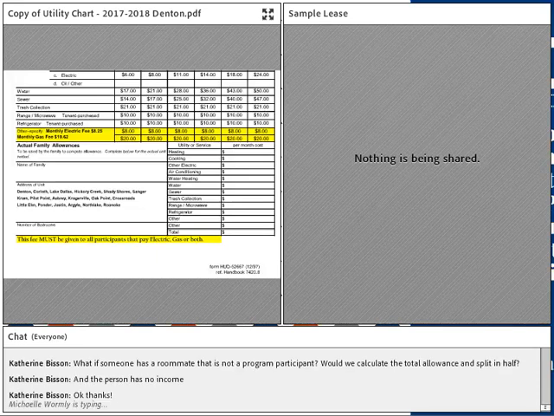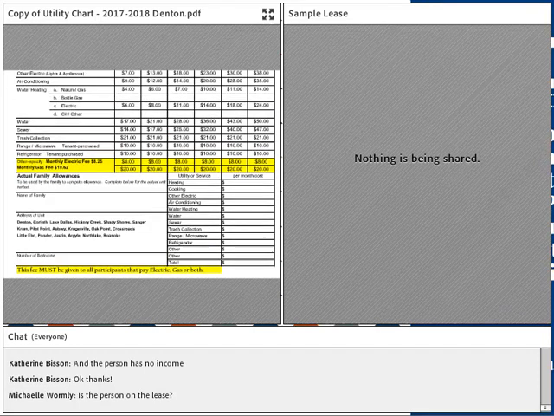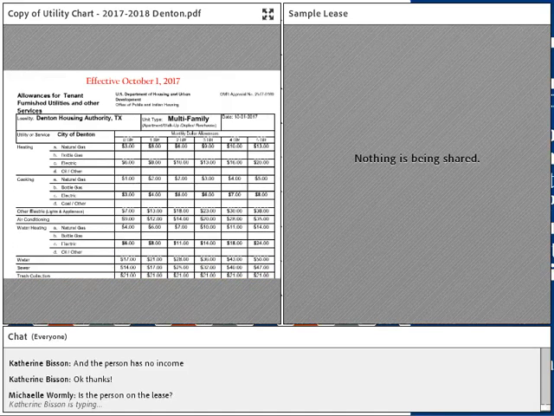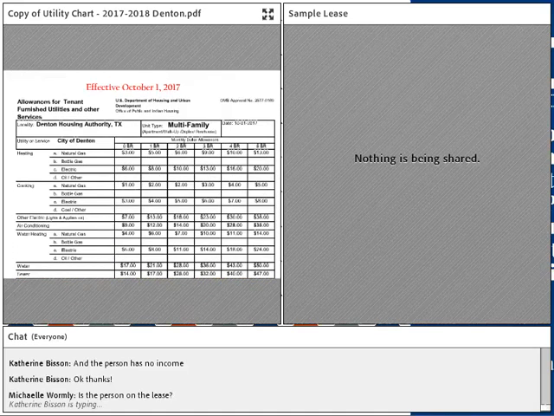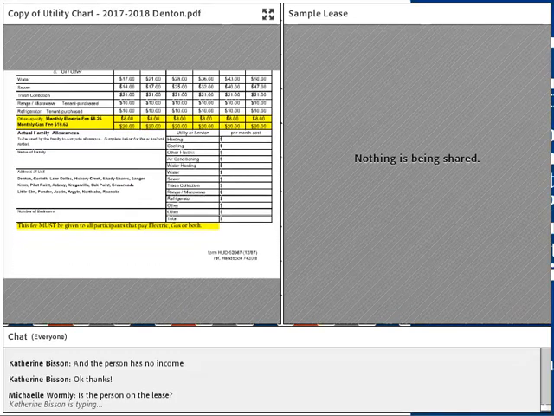For example, if there are two participants in your project occupying the same unit, they would not each get a utility allowance equal to the entire amount of the utilities. I would be curious how your PHA is handling roommate situations, if they're doing it at all.